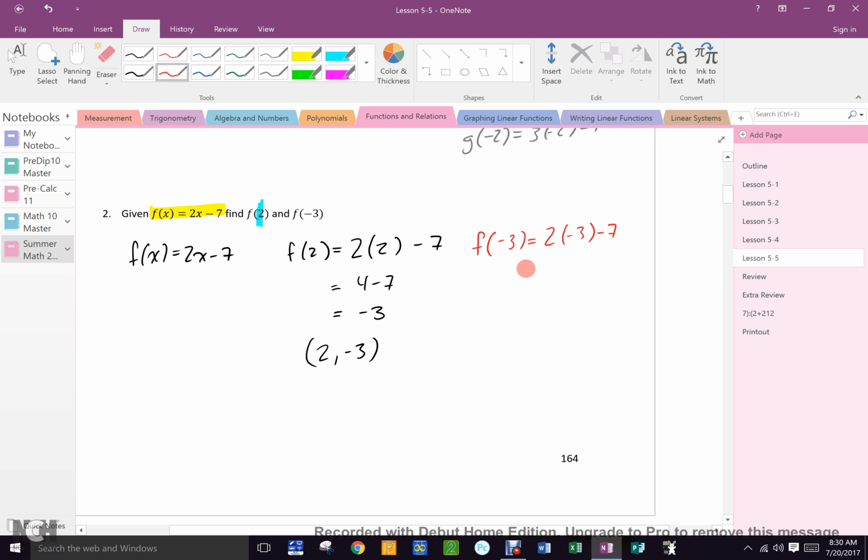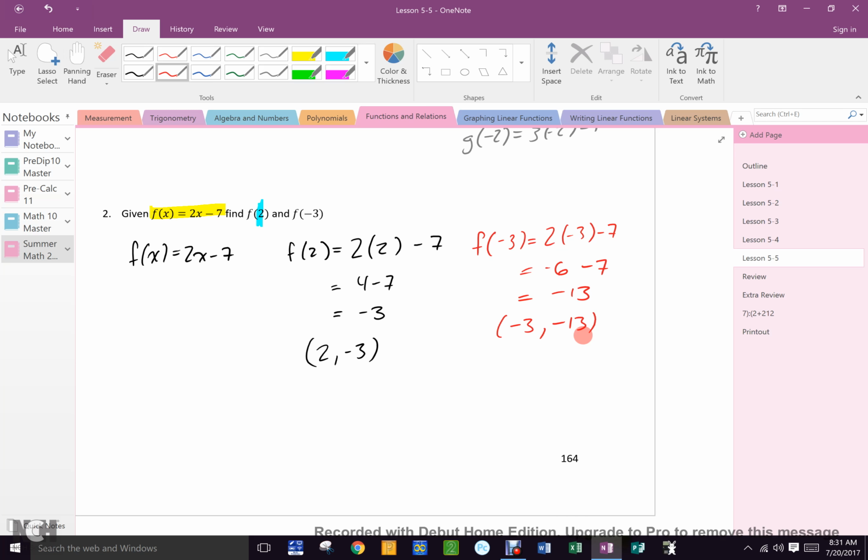Which is negative 6 minus 7, which is negative 13. And what's the ordered pair? Negative 3, negative 13. Is everybody good? Everybody?